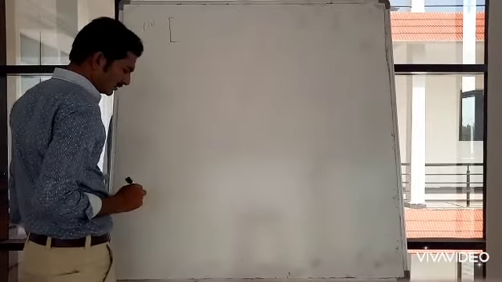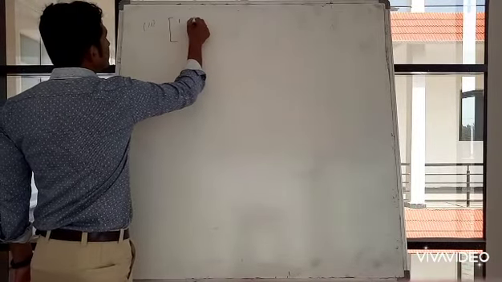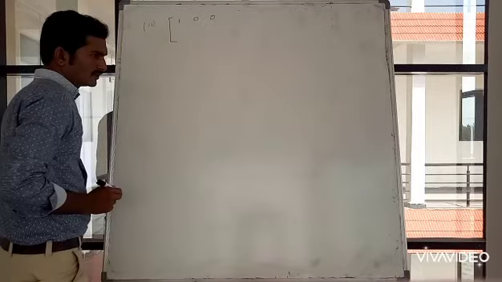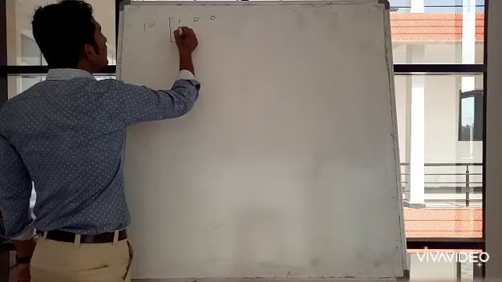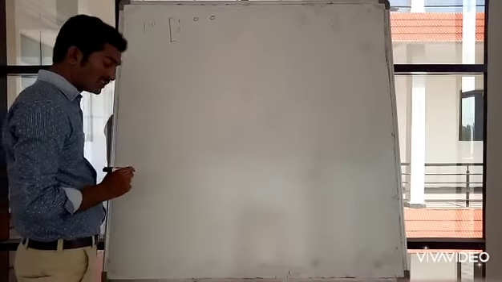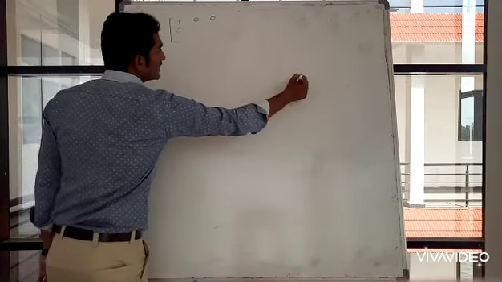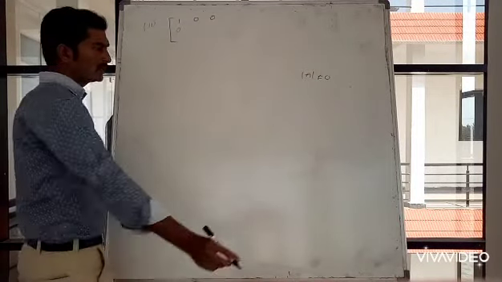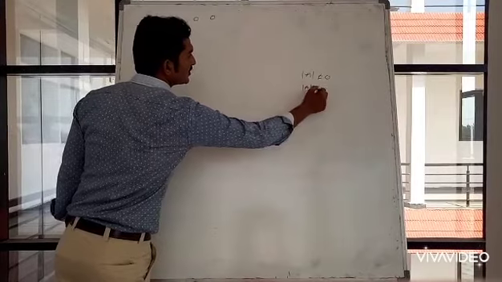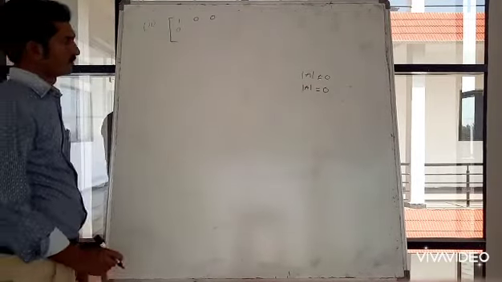If the inverse exists, it means matrix A is non-singular. Non-singular means determinant of A is not equal to 0. If determinant of A is equal to 0, it is singular.